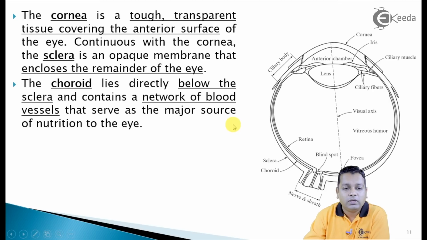Next to that there is the second membrane that is called the choroid, which we have seen. It lies directly below the sclera, and it contains a network of blood vessels that serve as a major source of nutrition to the eye.